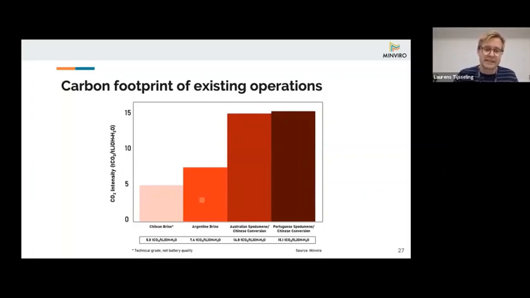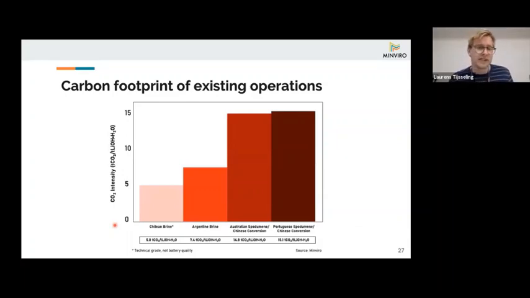So we can see that if we look at the carbon footprint of Chilean brine versus Australian spodumene, it's approximately 1/3 of that value, which is for a big component actually due to the fact that the energy used in China is powered by fossil fuels, but also partially because the brines in Chile use big evaporation ponds, which are solar powered, and thus don't require much actual energy being put into the system.